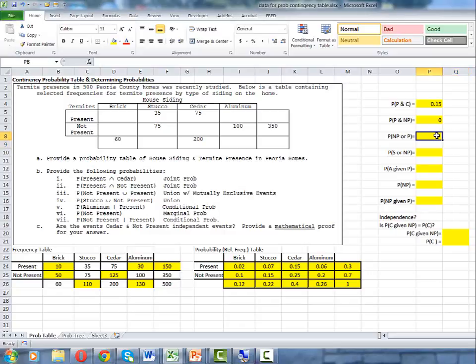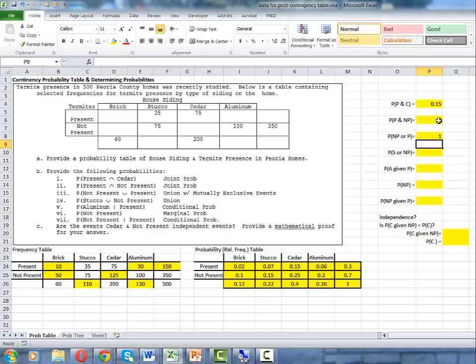Probability that the home does not have termites present, or, now this symbol here is "or", the home has termites present. Well, that's the rule of addition, where you're adding up all the marginal probabilities and then subtracting the joint probability. In this particular case, you have the probability of not present plus the probability of present minus the joint probability of those. Well, we already said that that's 0.